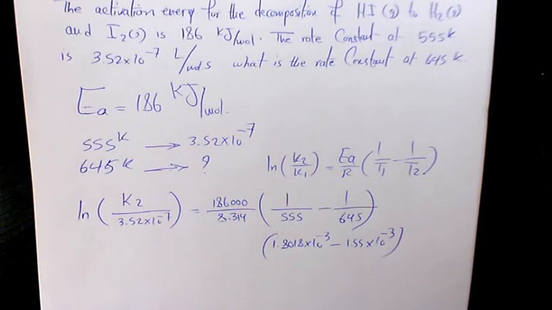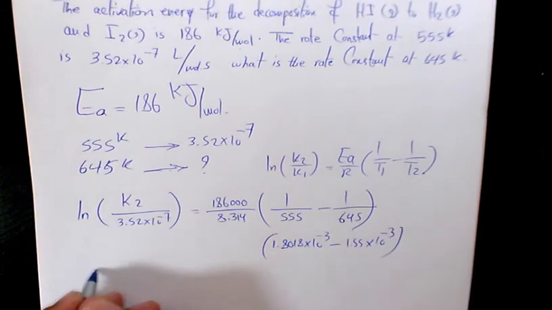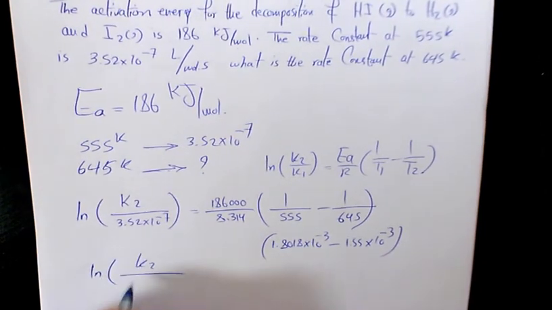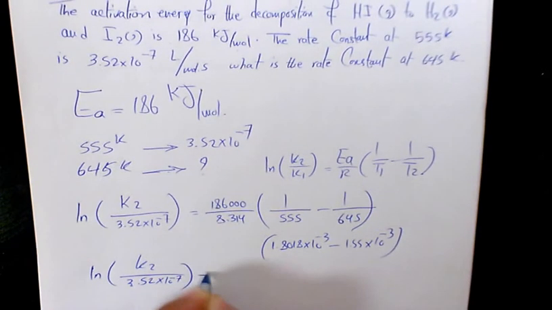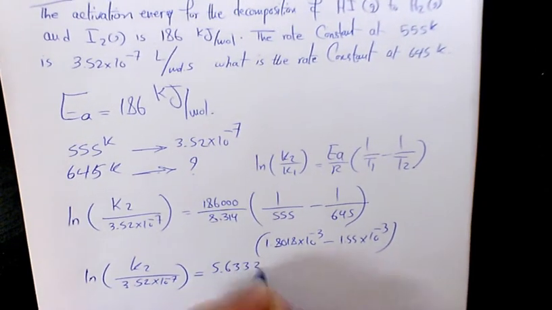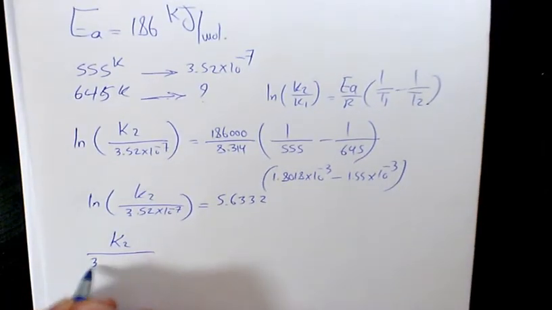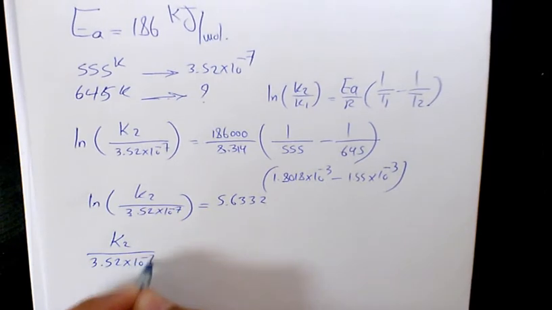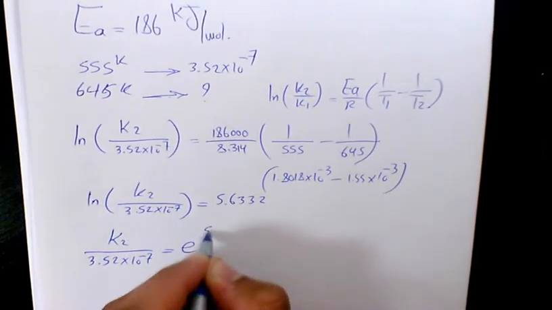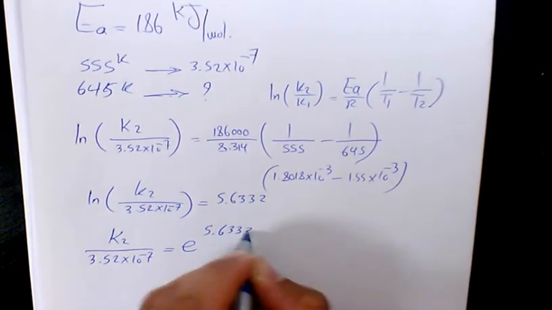So 6 divided by 8.12. That's going to be ln k2 over 3.52 times 10 to the power of negative 7. This is going to be 5.6332. So k2 over 3.52 times 10 to the power of negative 7 equals e to the power of 5.6332.